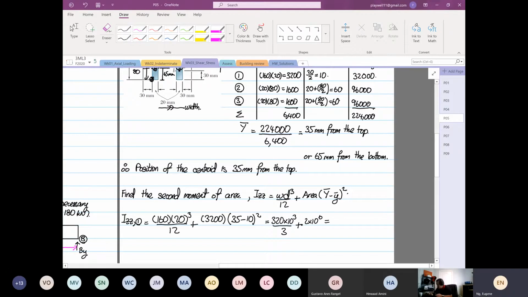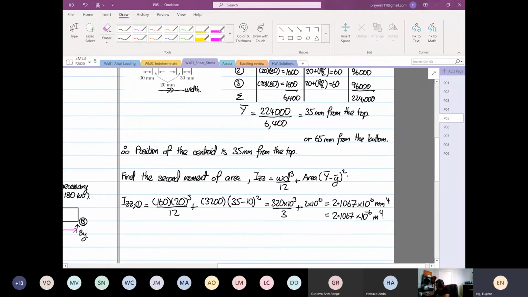So this whole thing will be equal to 2.1067 times 10 to the power 6 millimeter to the power 4, or 2.1067 times 10 to the power minus 6 meters to the power 4. So we found one of our second moments of area.